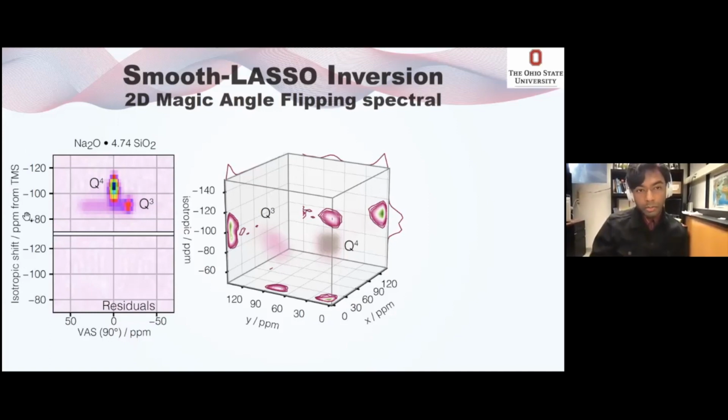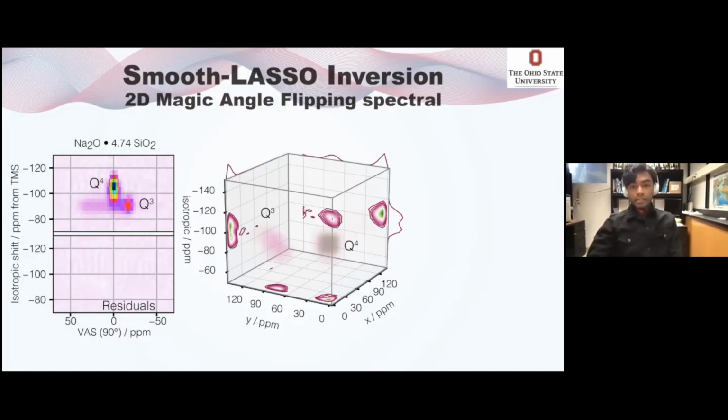When doing the inversion, we take one anisotropic slice and do an inversion, get a 2D plot, which becomes one surface of this 3D volume. To construct the entire 3D volume, we just do the inversion line by line across all these isotropic shifts and then construct this distribution.